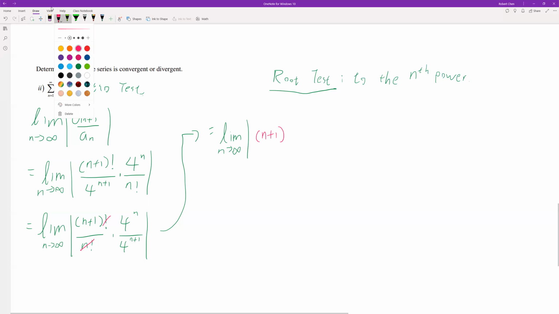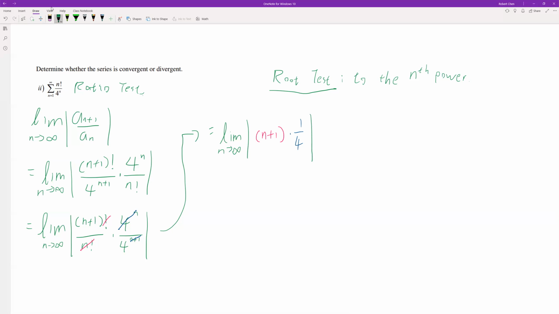And same thing in the denominator, like what we did earlier, we have an extra 4 in the denominator, so that simplifies to just 1 over 4. When you take n to infinity, this whole thing goes to infinity, which is much greater than 1. Then we can say it's divergent by the ratio test.